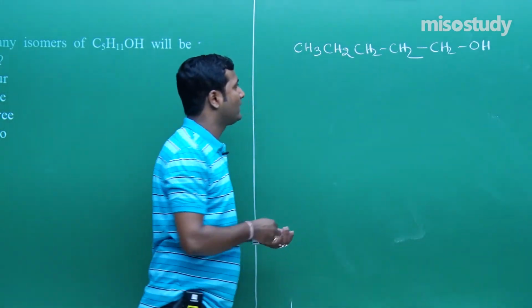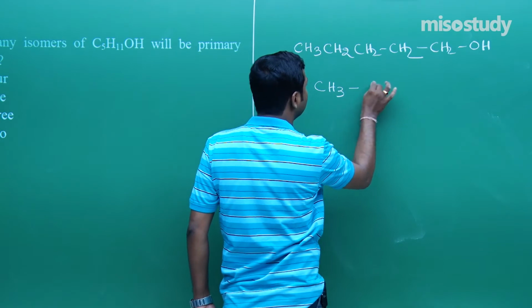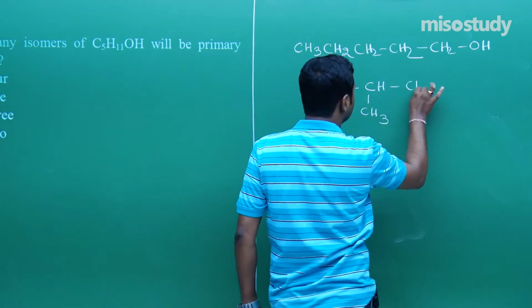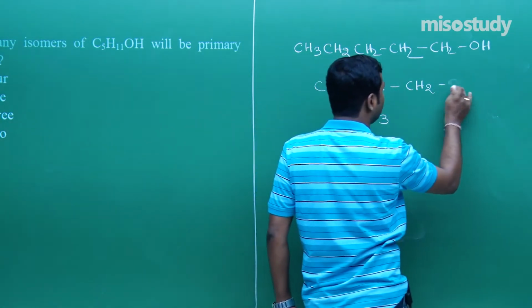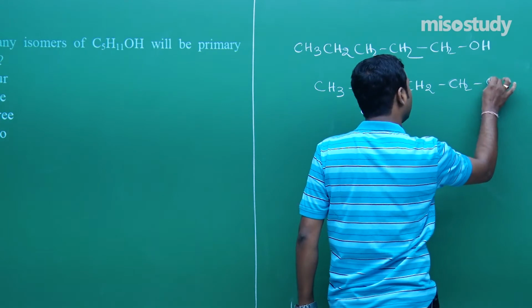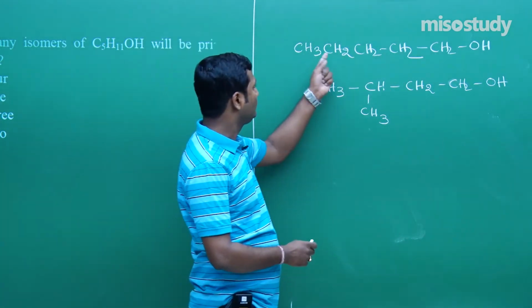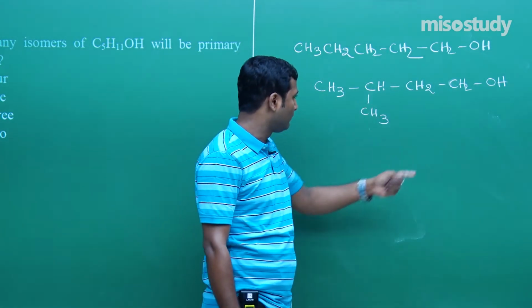Now we can also write like this, CH3, now C, put here CH3, H, CH2, okay, then 1, 2, 3, 4, that is CH2OH. Check it out, here the number of carbon is 1, 2, 3, 4, 5, and here the number of carbon is 1, 2, 3 and 4.